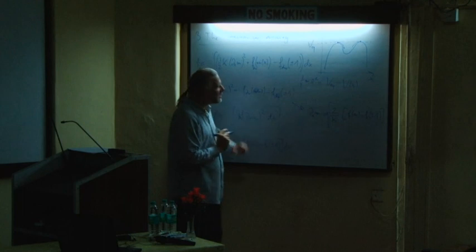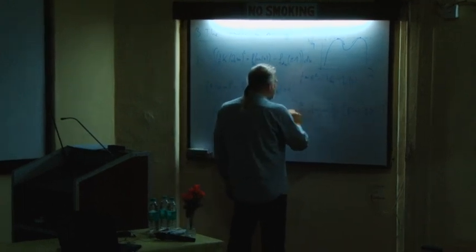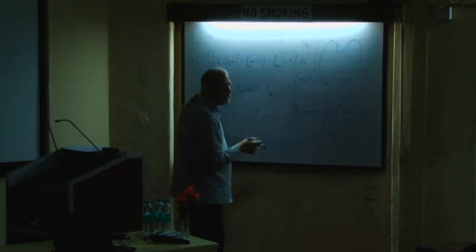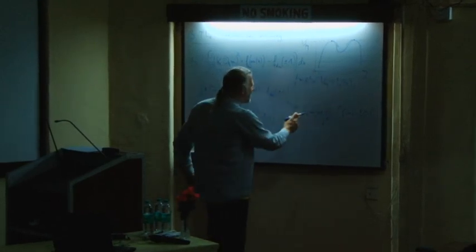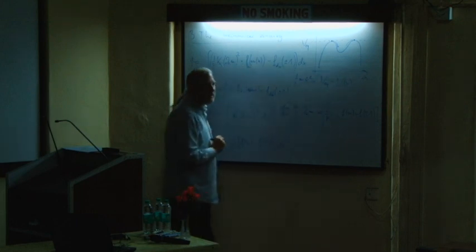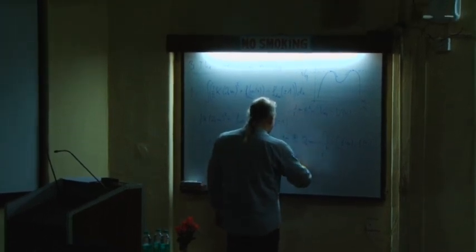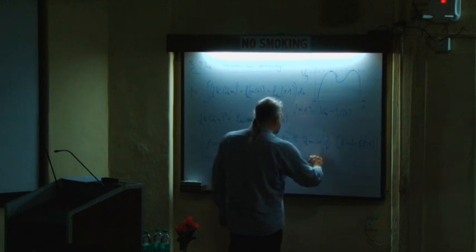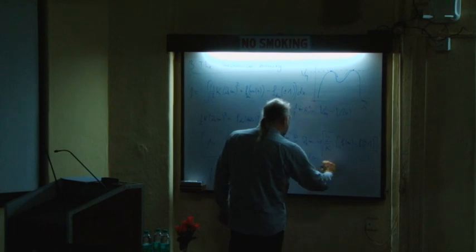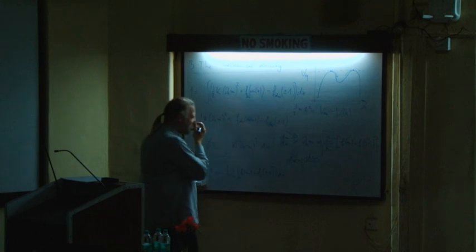And this I can do using this formula, because if I'm a sort of physicist, not so rigorous, I can say that this is dm by dx. So I can write that dx is equal to dm divided by the whole square root. I'm not writing all the terms. Okay.